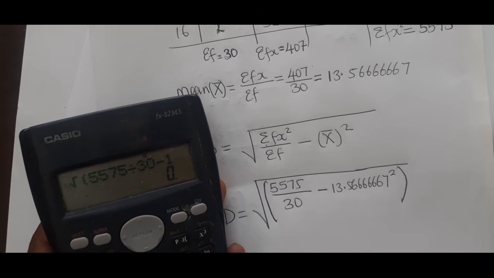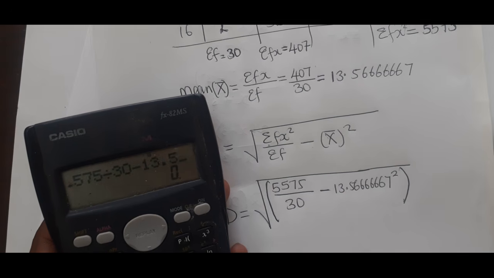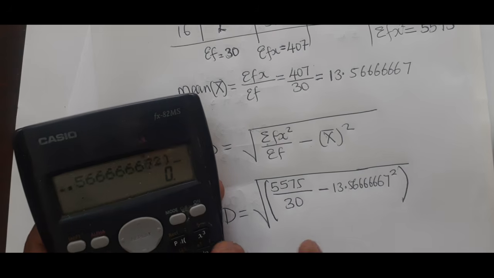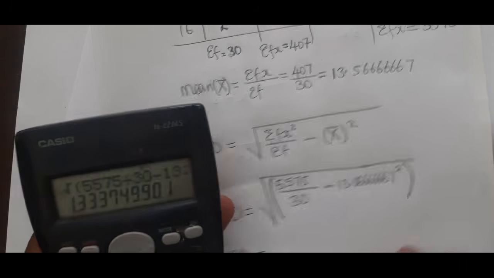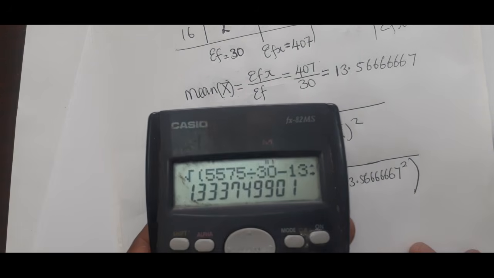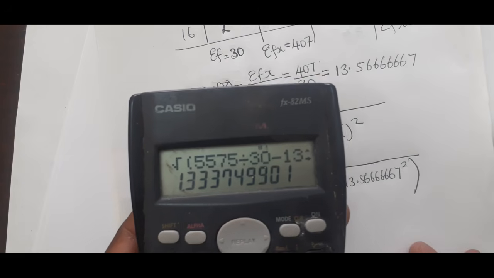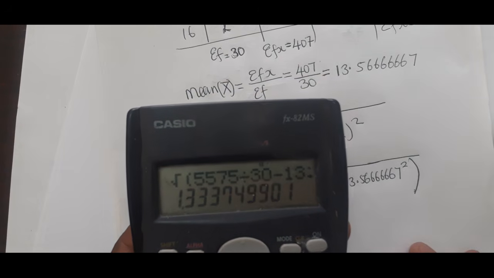So minus 13.567 squared, close brackets, equals. So this is what you are going to get. Okay? So now you know that you need to round off this, of course, to 3 significant figures.